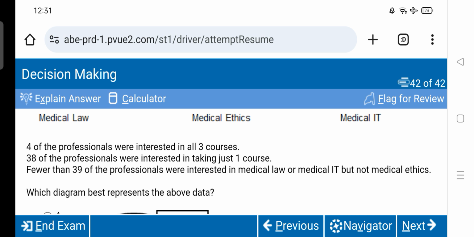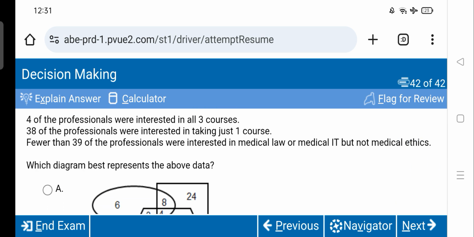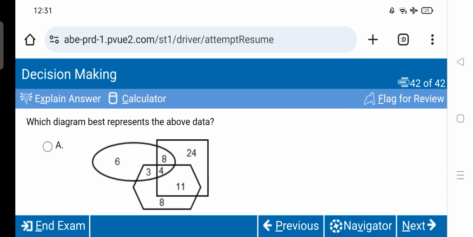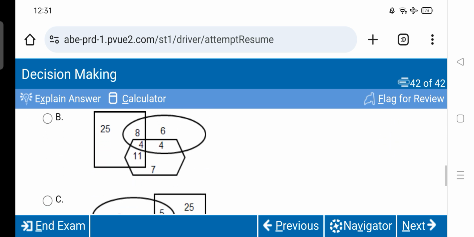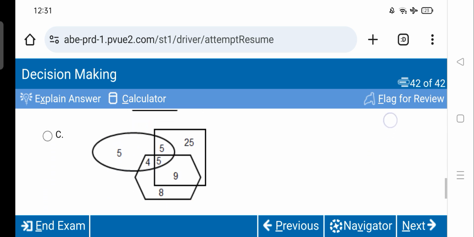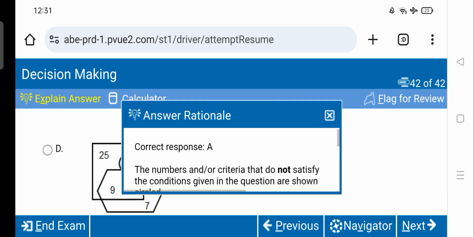Fewer than 39 of the professionals were interested in medical law or medical IT, but not medical ethics. So which diagram best represents the above data? Option A having this diagram, option B representing this diagram, C representing this, and option D having this diagram.